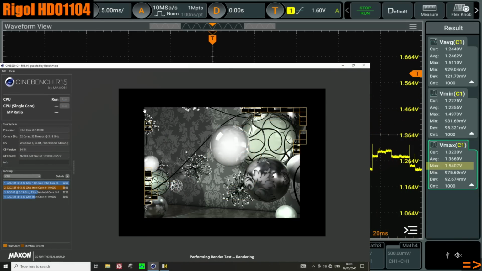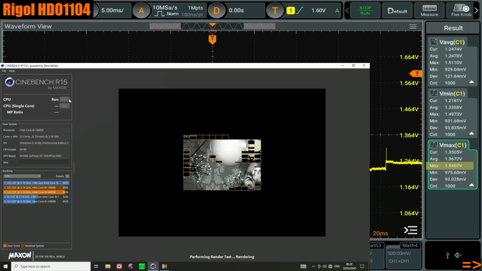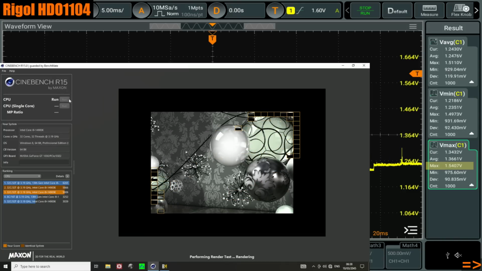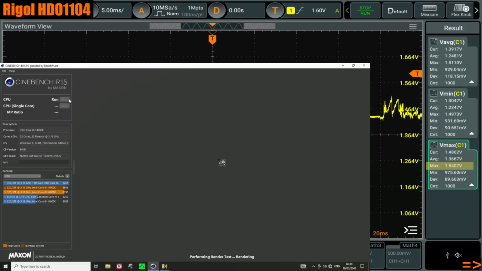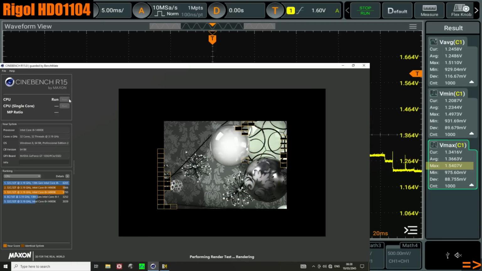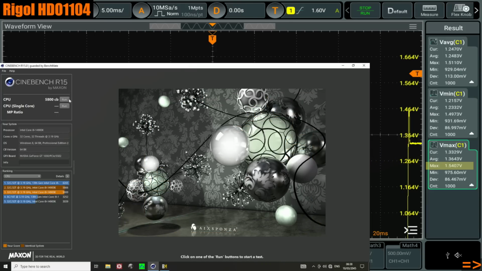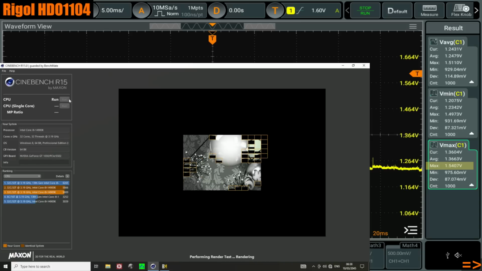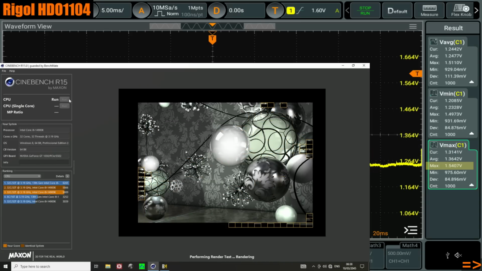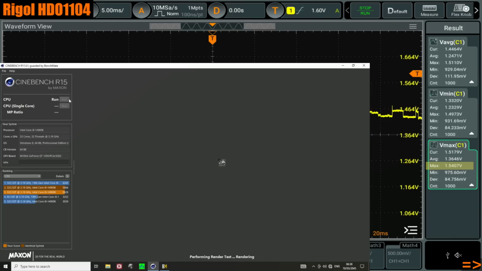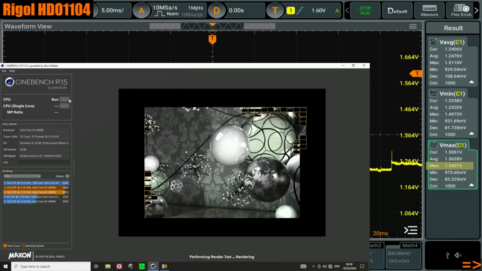So now it's working correctly, I think. Yeah. Wait, does it complain about HWiNFO being open or something? Because right now it's working just fine.